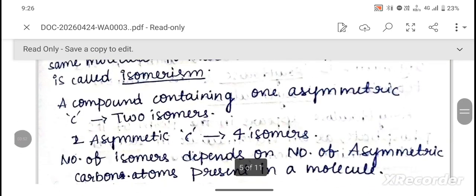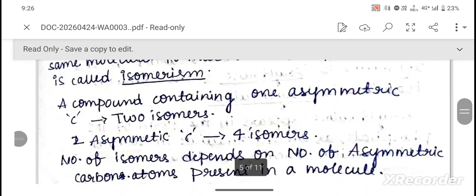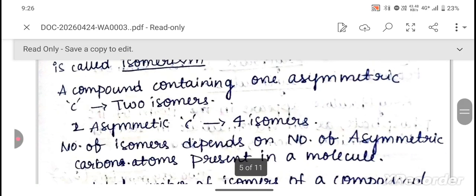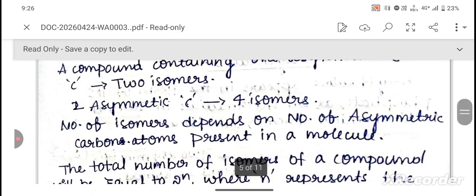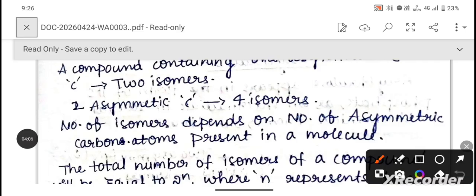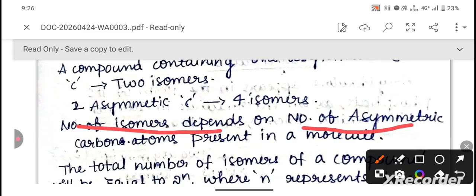As you can see here, if the compound contains one asymmetric carbon, it will form 2 isomers. If it contains 2 asymmetric carbon atoms, it forms 4 isomers. The very important point to note is that the number of isomers depends on the number of asymmetric carbon atoms present in a molecule.